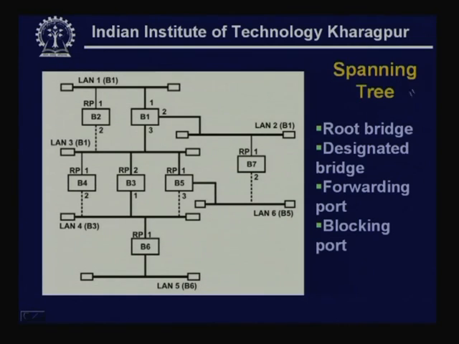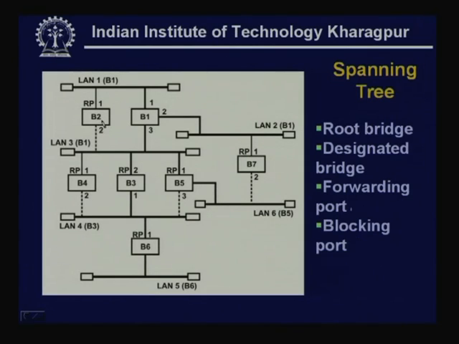Now there is a spanning tree algorithm which identifies a root bridge, then a destination bridge, and it identifies a forwarding port and a blocking port. I am not discussing the algorithm which makes use of these terminologies, but the outcome is shown here.